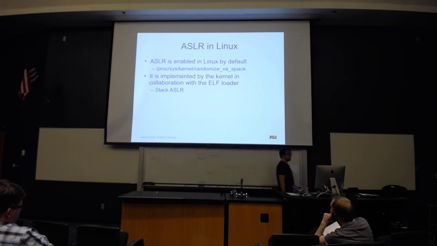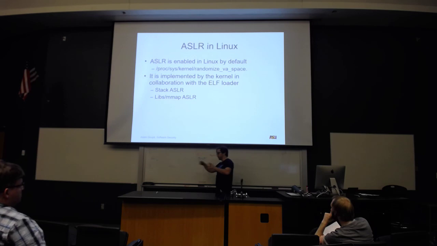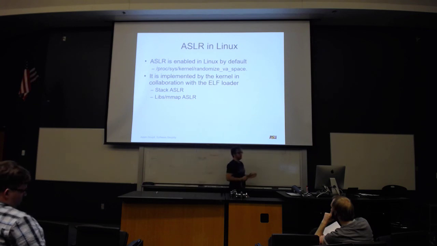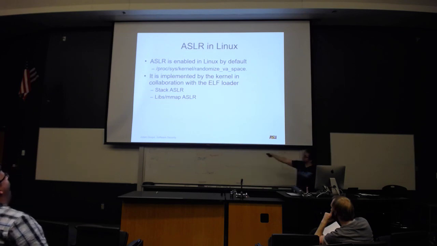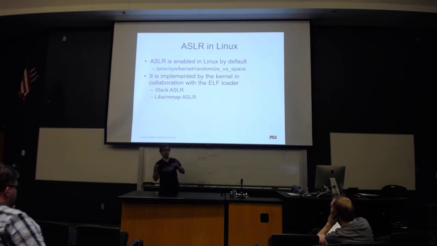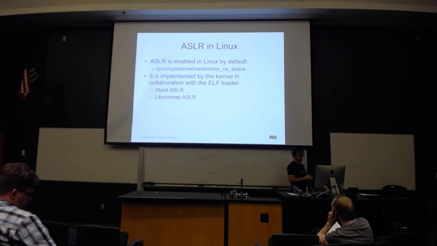So the stack will be mapped in somewhere random by the kernel. The libraries are this kind of collaboration between the loader and the kernel. Specifically, when you memory map something, you can have it give you a base address, and we'll jump back to this a bit later. When you map some memory in Linux, the base address starts out randomized for a process, and then it is offset from there.